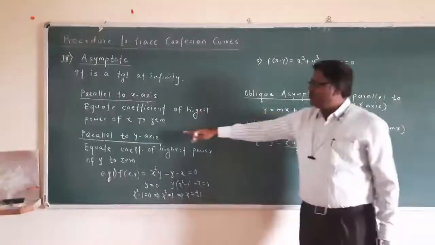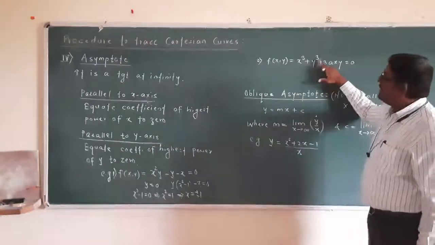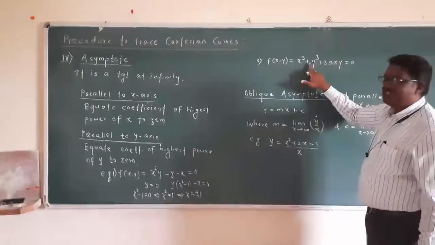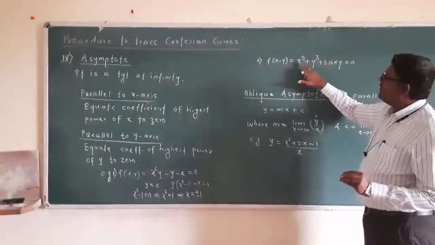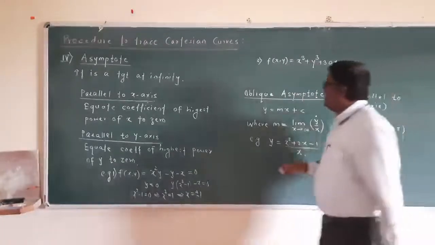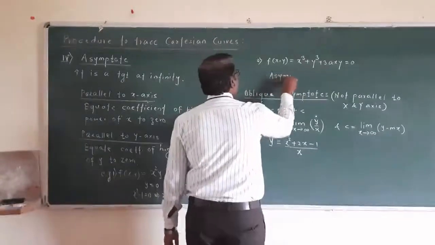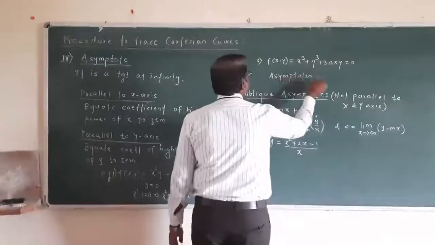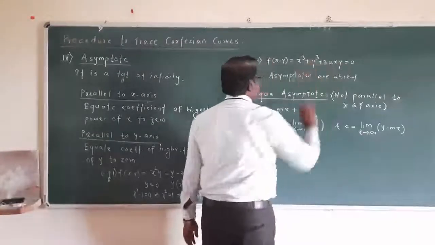Similarly, to get asymptote parallel to y-axis, find highest power of y, that is y cube, but again its coefficient is constant. So if the coefficients of highest power of x and highest power of y are constant, then asymptotes parallel to both the axes are absent. So asymptotes are absent for such curve.